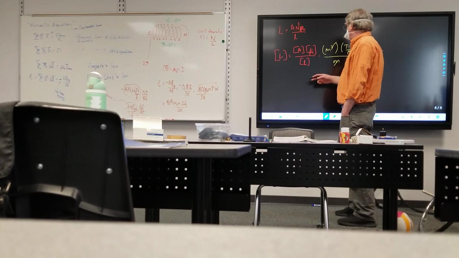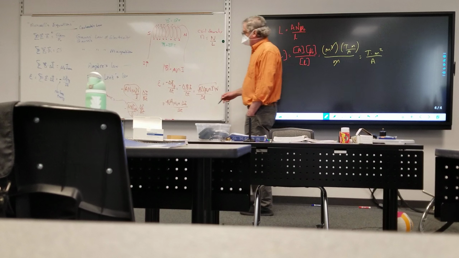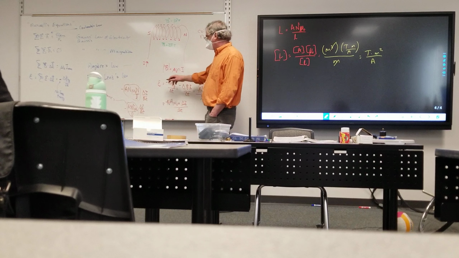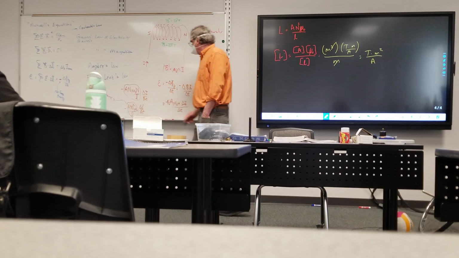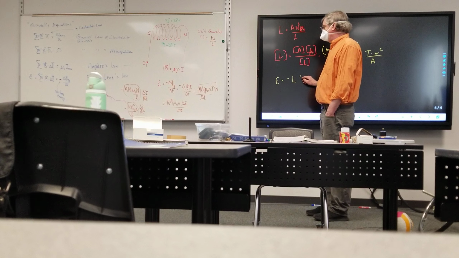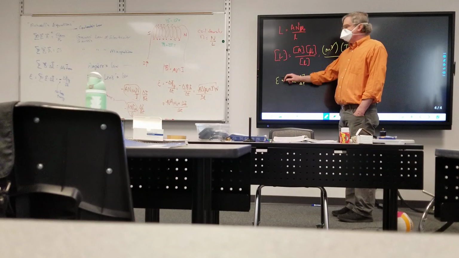From our equation, that would be the units of inductance. Looking over here, this was the EMF. We have that the EMF is equal to negative L delta I over delta T. What are the units of EMF?